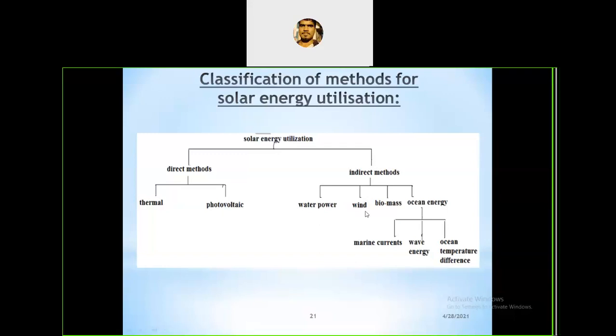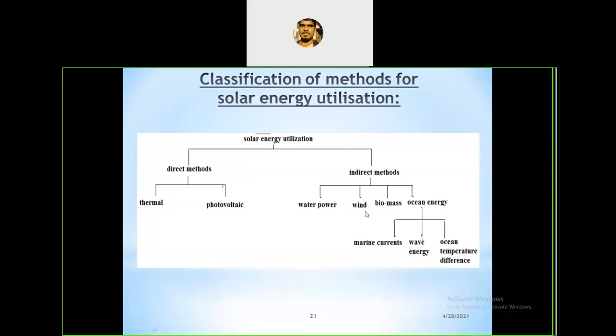And biomass: the plants and agricultural waste get energy from the sun through photosynthesis. From photosynthesis they convert some energies, and after the bio waste, vegetables or fruits decay in some area, because of fermentation they produce gases or fuels, the biofuels or biogas. For that also, the sun is the main source. So these are all indirect.